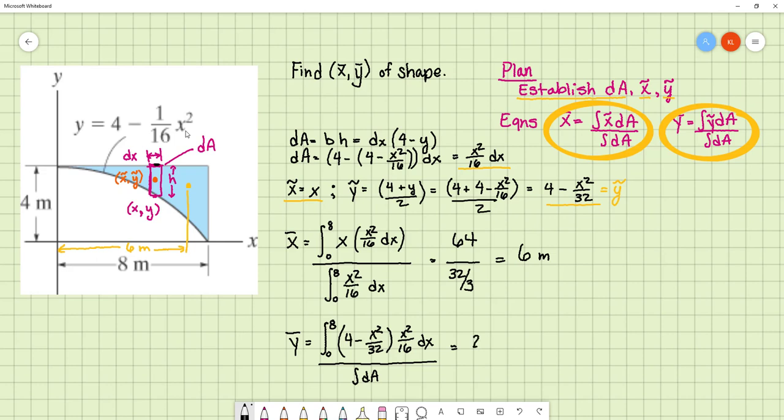And I calculate this to be 29.87 divided by that 32 divided by 3, which is 10.67, and I end up with 2.8 meters as my y bar location. So if I add that on here, I have 2.8 meters as the y location of the centroid of the plate. Even though we only drew one rectangle, we solved everything in terms of x, but we are still able to solve for both the x centroid and the y centroid using the same slice.